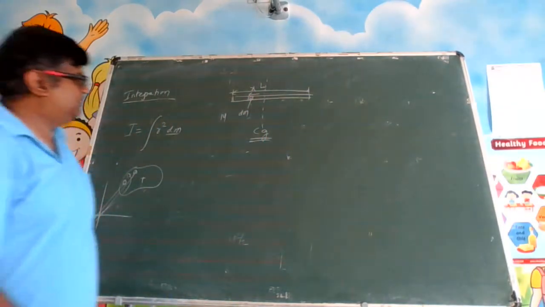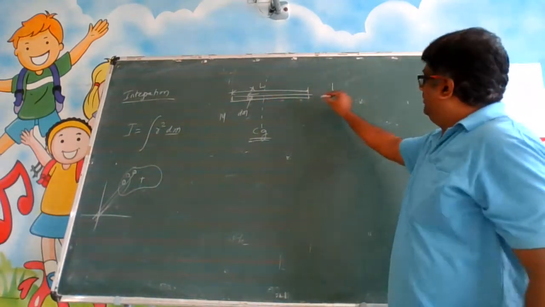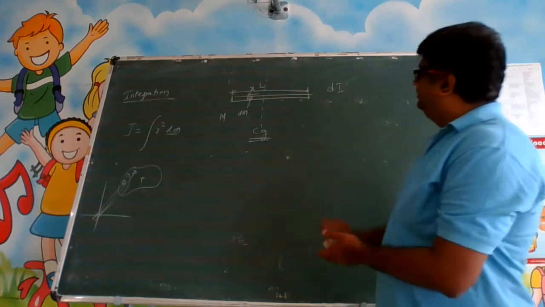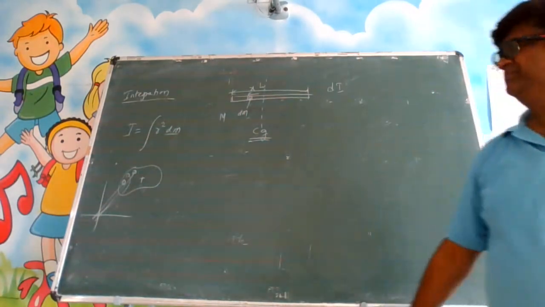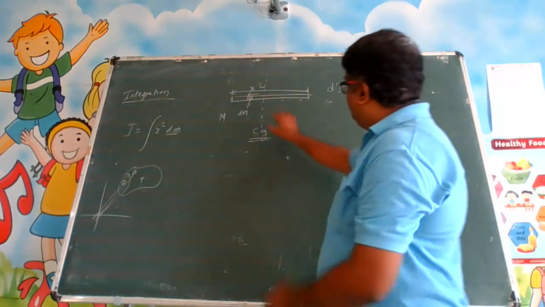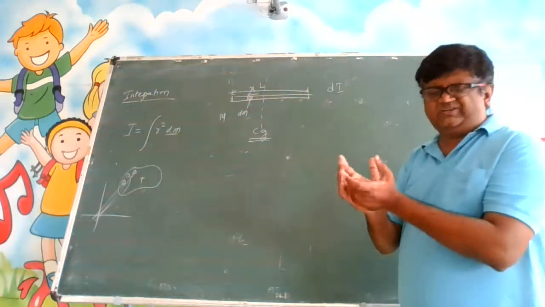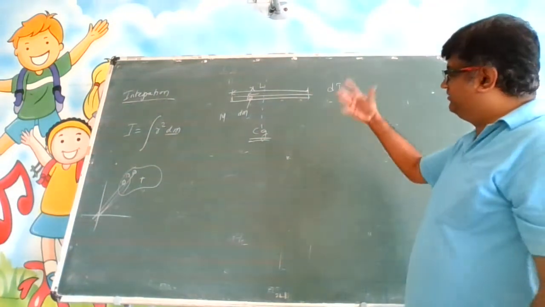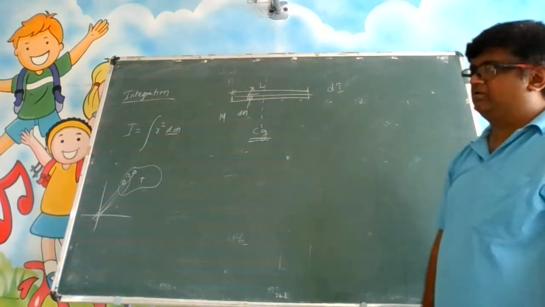So how can I write my integration? How can I write this as dI? This small piece will give me a small moment of inertia. Similarly, if I take small elements, I will individually calculate the moment of inertia: I1 plus I2 plus I3, etc. I will get the total I for the metallic rod.